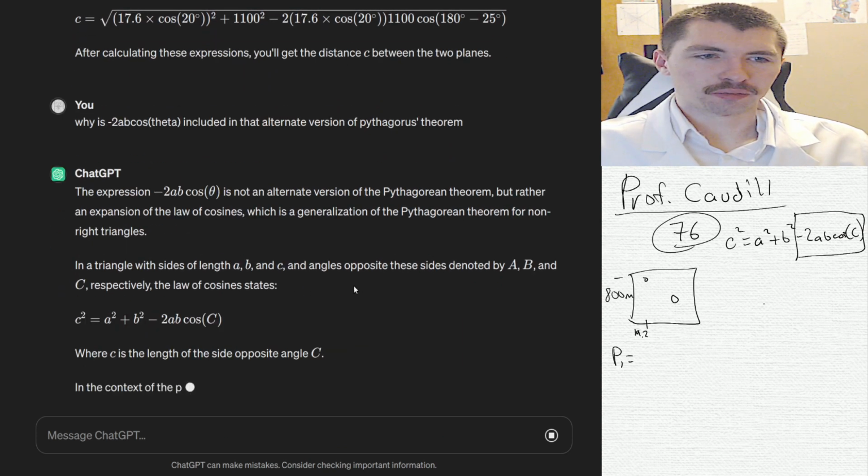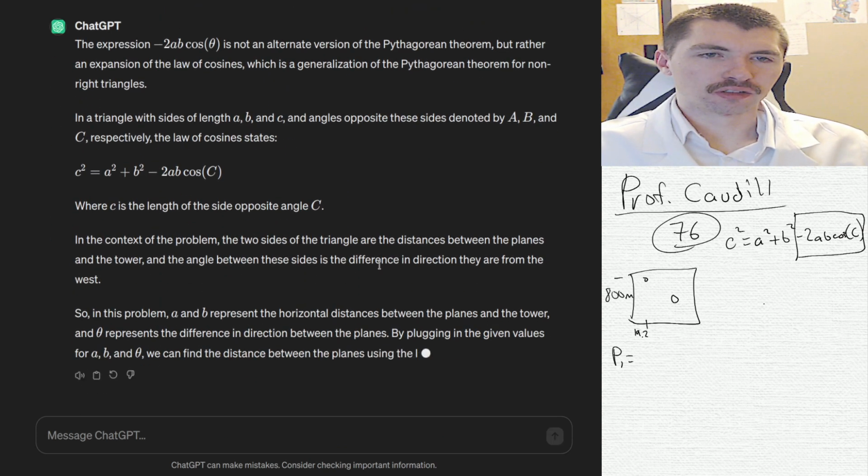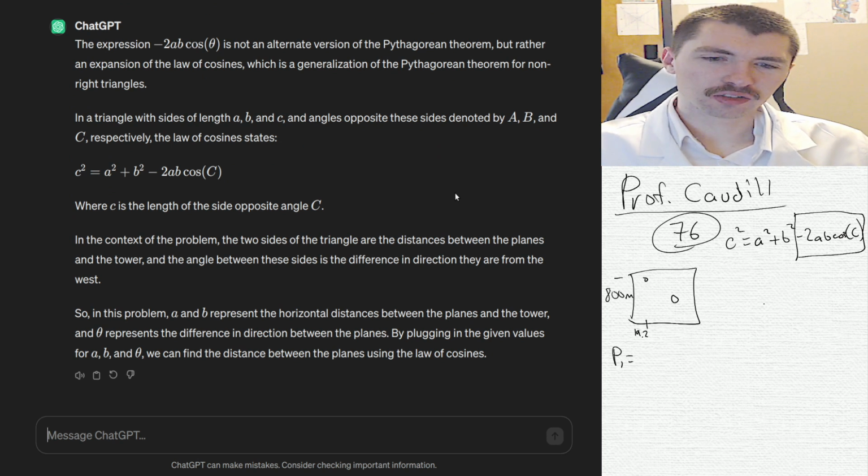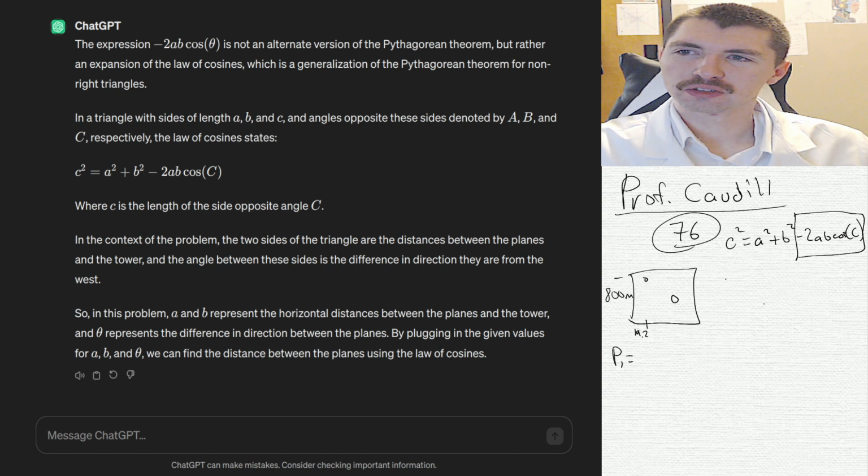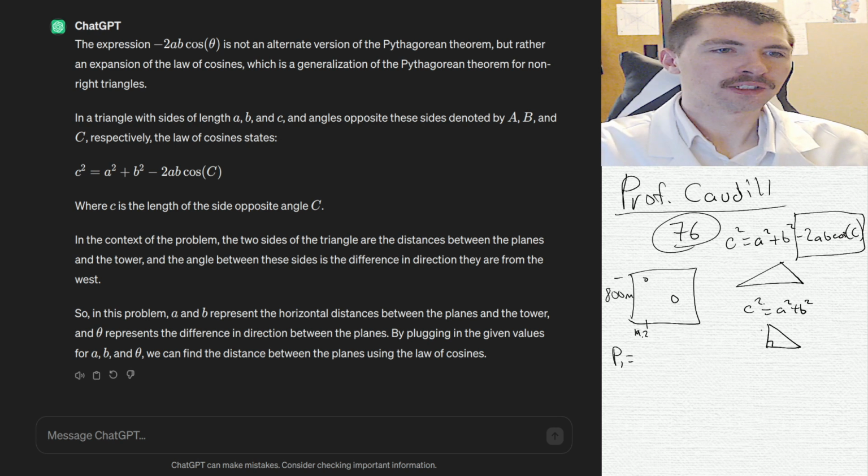It's not an alternate, but rather an expansion of the law of cosine. So it's not the Pythagoras theorem, but an expansion. So this is for non-right triangles. I guess that's the key word. Non-right triangles. And C squared equals A squared plus B squared for right triangles.